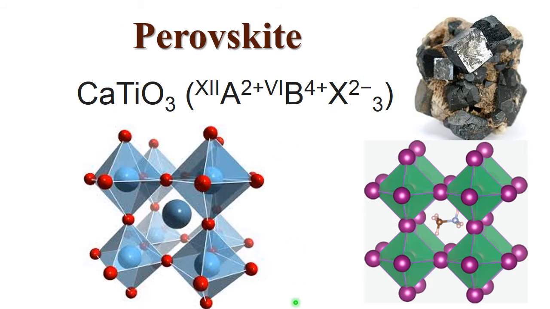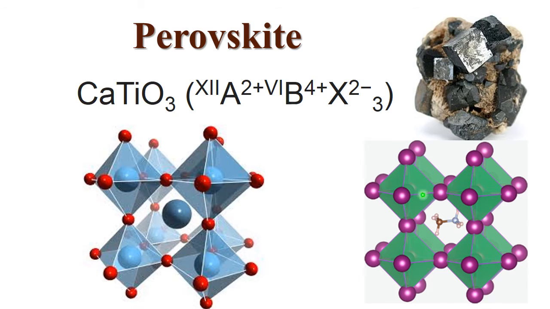This is a very interesting motif that again you can find in plenty of different structures. It can be any element with +2, anything with +4. Alternatively, you can have +1, +2, and -1 anion.